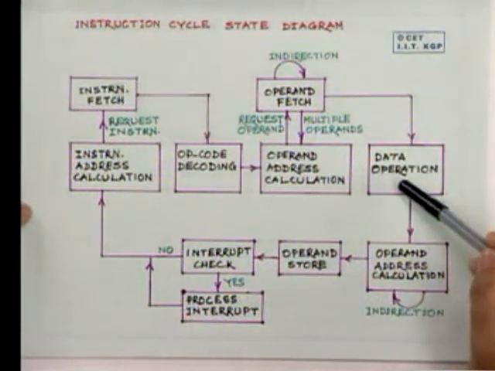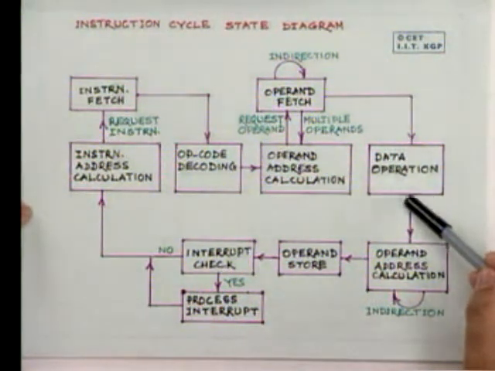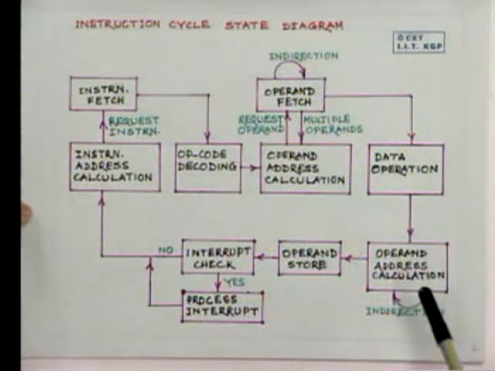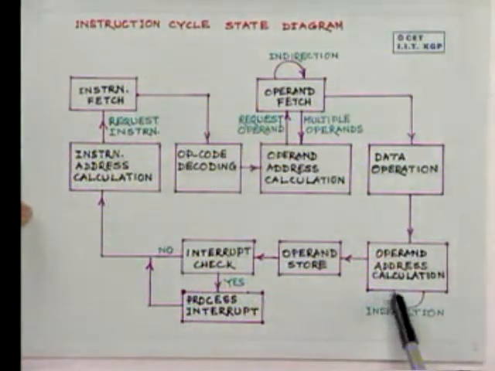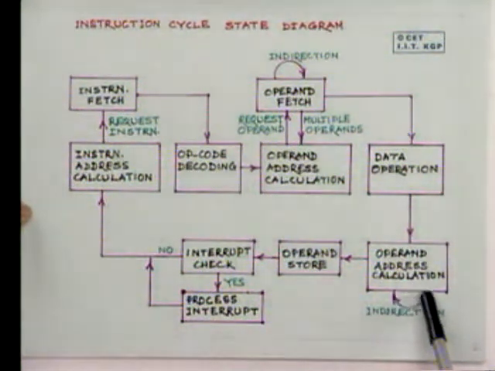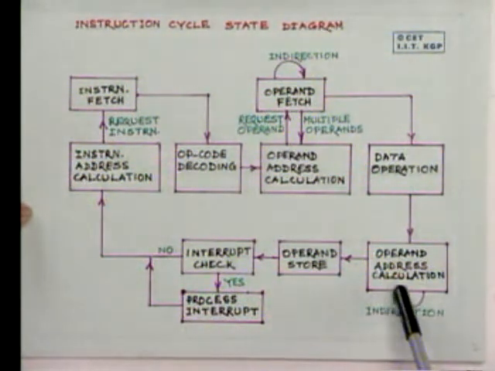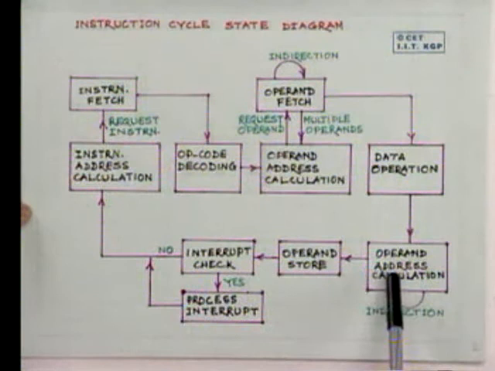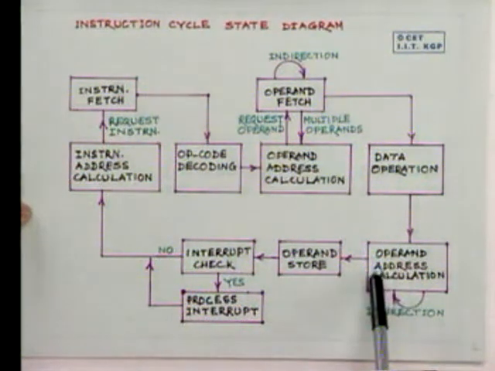or even simple move statements, transferring of data. After the data operation is over, we come to the operand address calculation for storing the result. Here also there can be indirection, and if necessary, that indirection step is taken. That means the address is fetched once more from the memory, and only then is the address of the operand available.